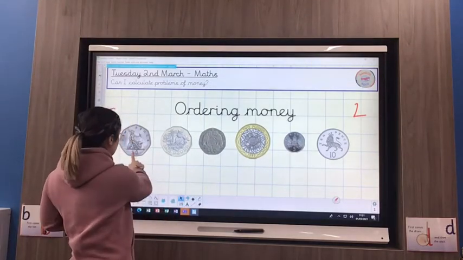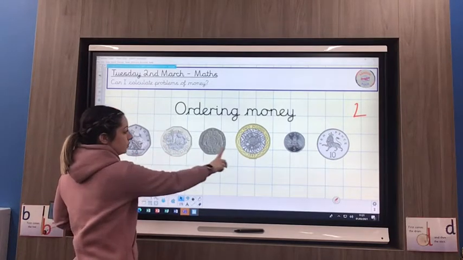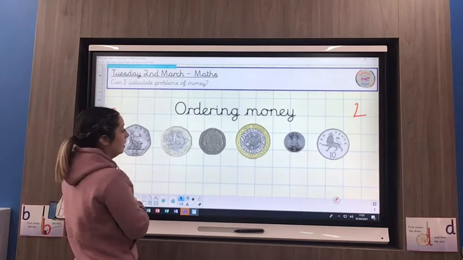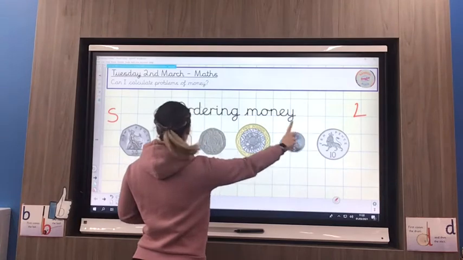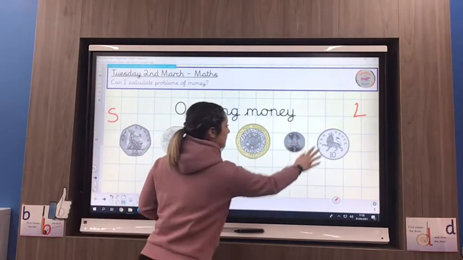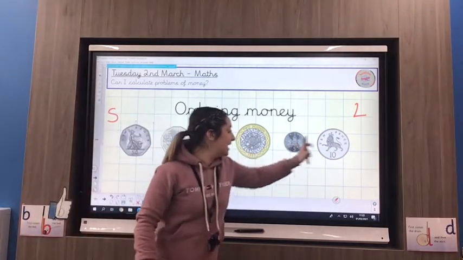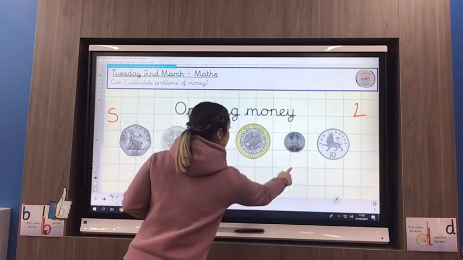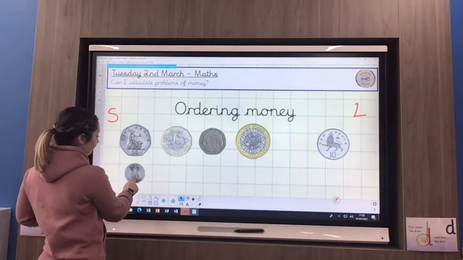So we know it's not going to be 50, it's not going to be £1 or £2 because those are two of my highest amounts. So I've got a 10p and a 5p. Now out of my silver coins, the least value, we've got 50, 20, 10 and 5 is my least amount. So I'm going to move my 5p coin over here.